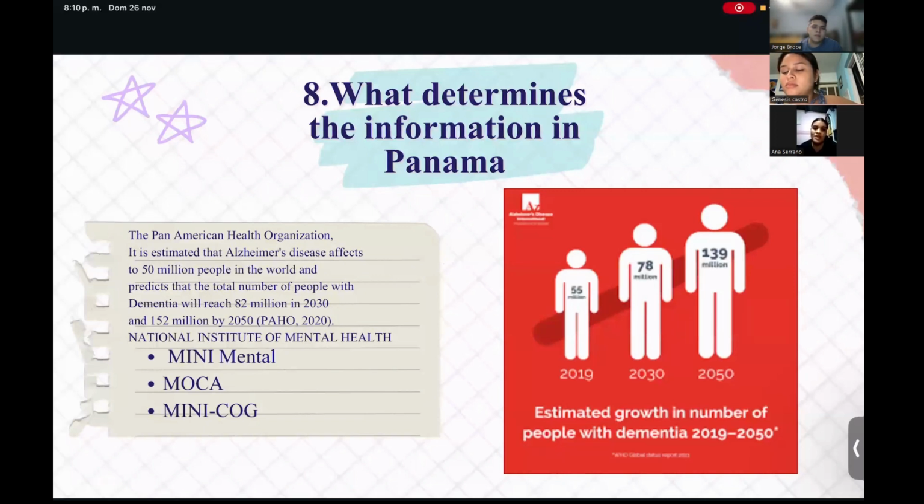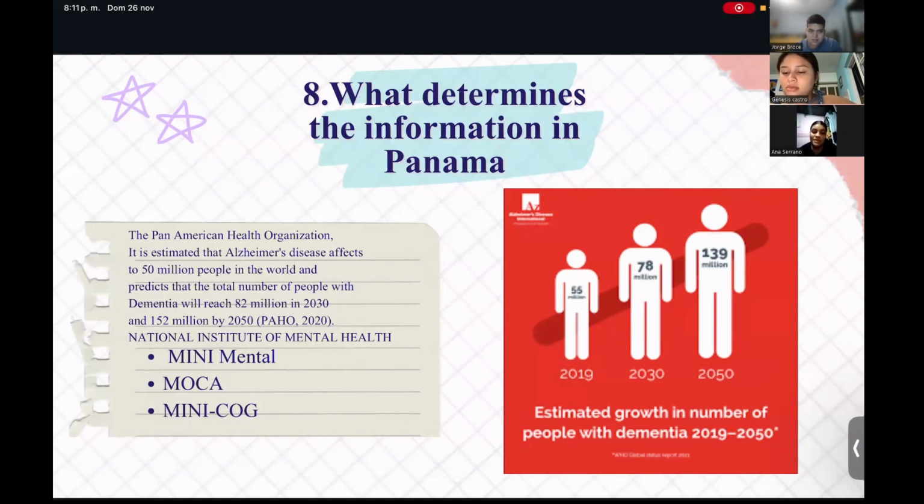Question 8. What determines the information in Panama? The Pan American Health Organization estimates Alzheimer's disease affects 2 people in the world and predicts what the total number of people with dementia will reach, by the National Institute of Mental Health.